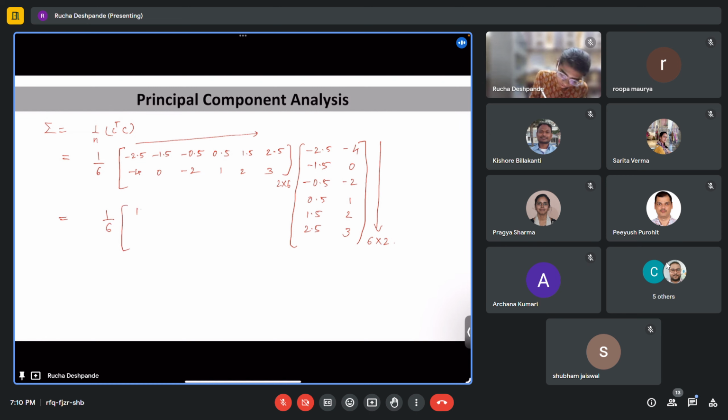So you can cross check this with me. So this is the covariance matrix.